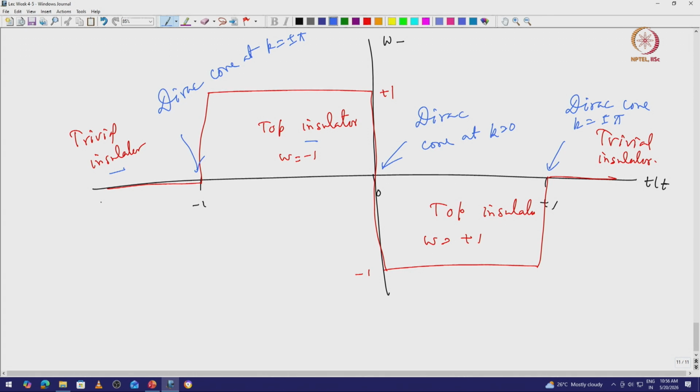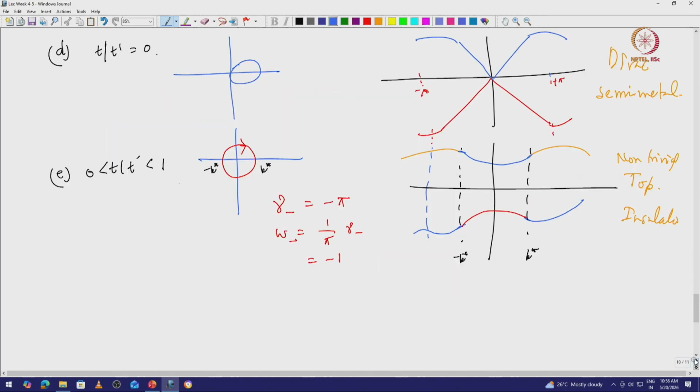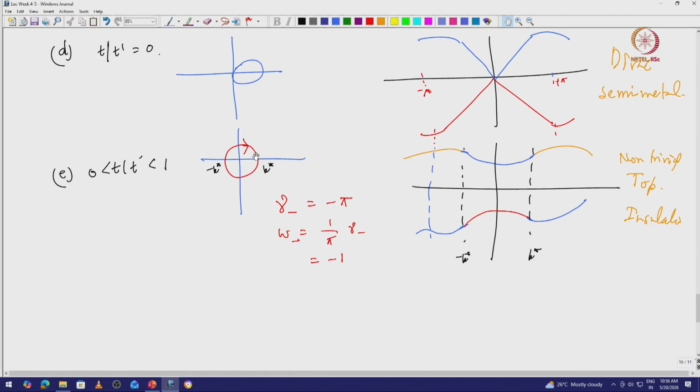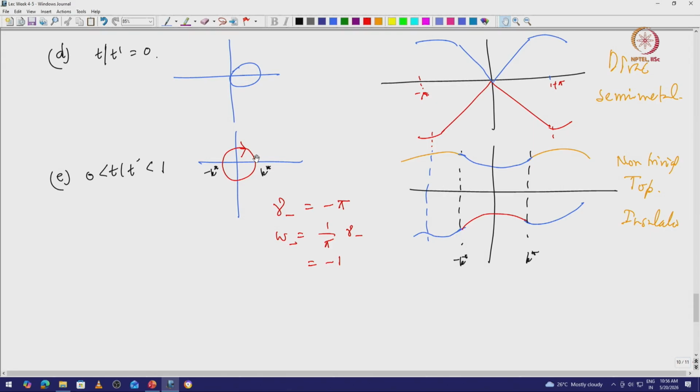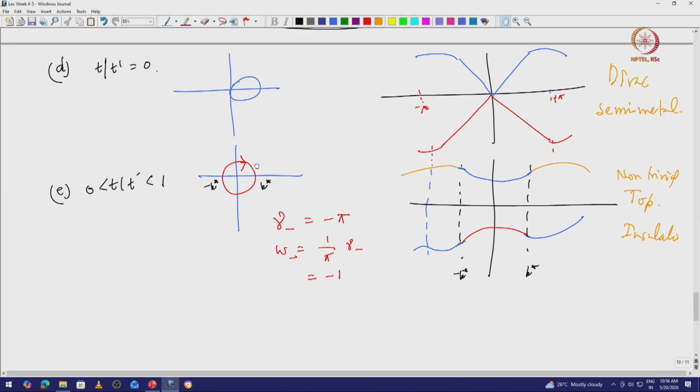The electron doesn't see the electron. It was like some magnetic monopole is sitting here. The electron does not see the magnetic field, and here also it does not see that Dirac point, but it goes around it.